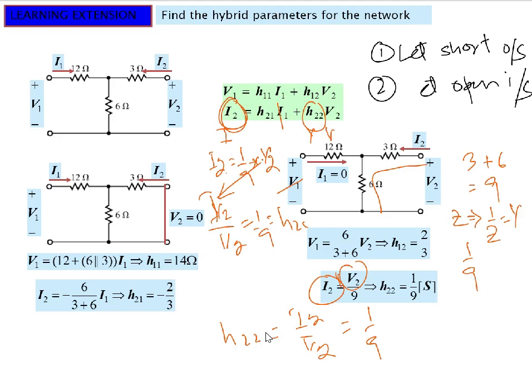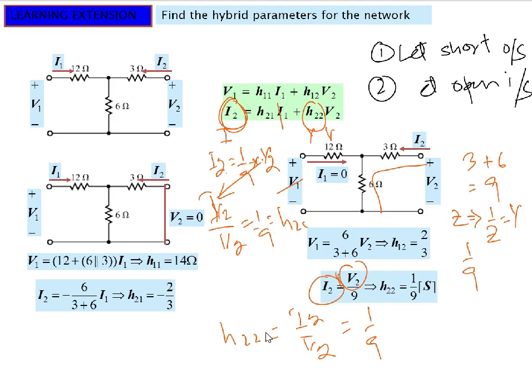So what we did actually, we used two tests, the short circuit and the open circuit. By short circuit we did the parallel path and applied two things, the current divider rule and the voltage divider rule.